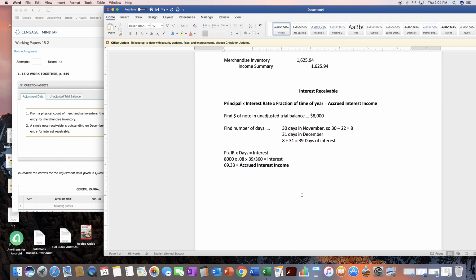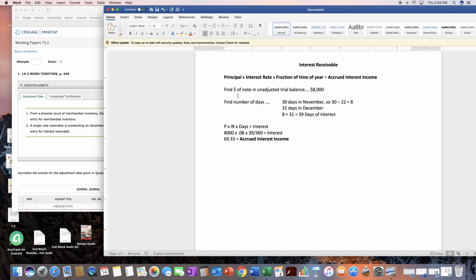So how do we go about doing this? This is our formula for figuring out the accrued interest income. Okay, what we have is principal times rate times fraction of time. Find the note in the adjusted trial balance. We have $8,000. Where do we get that again?